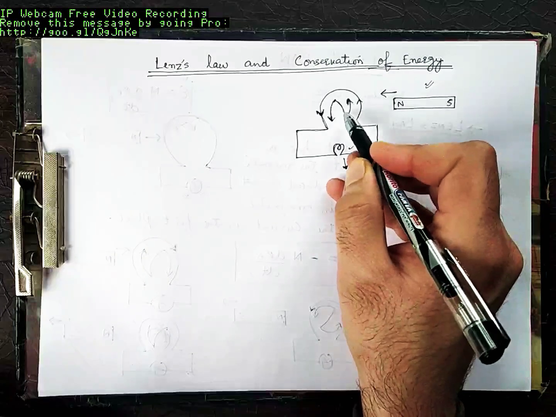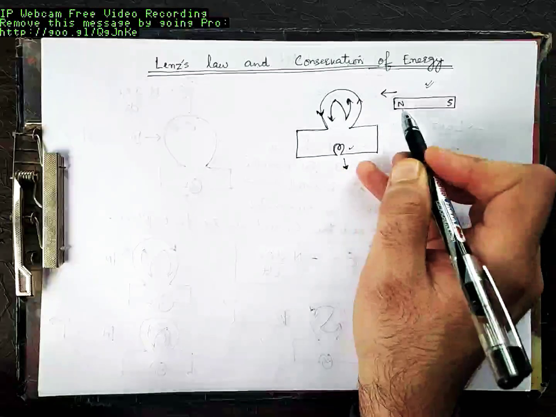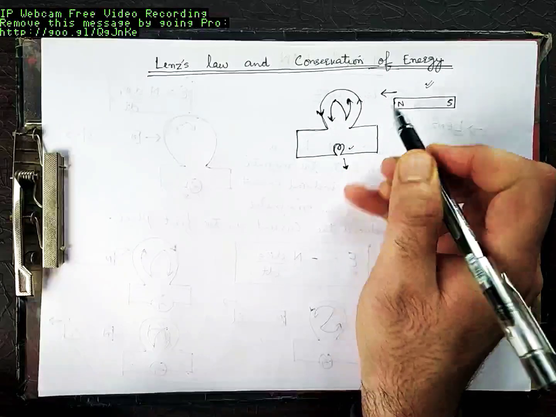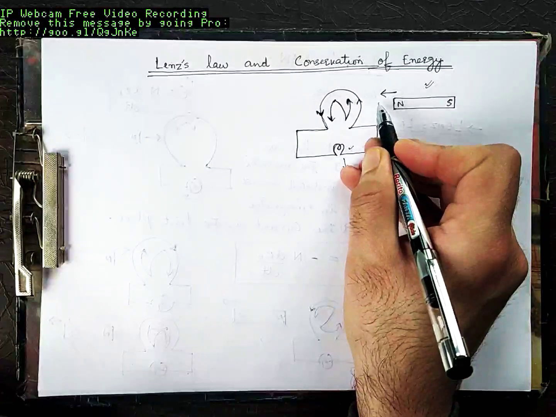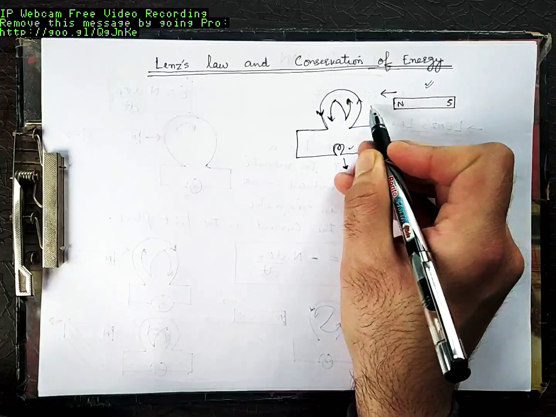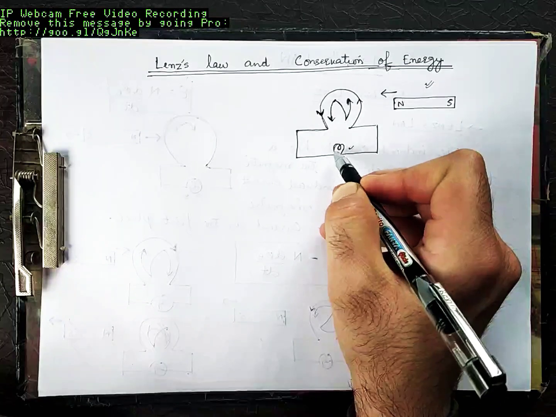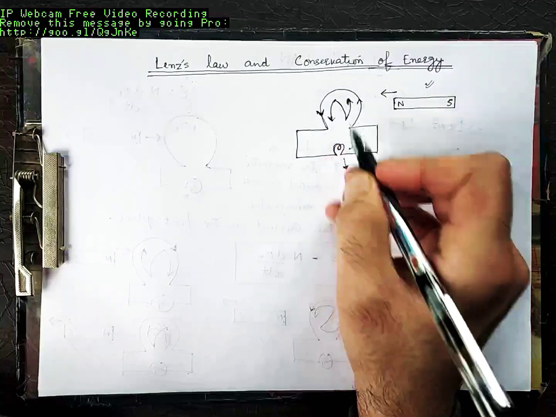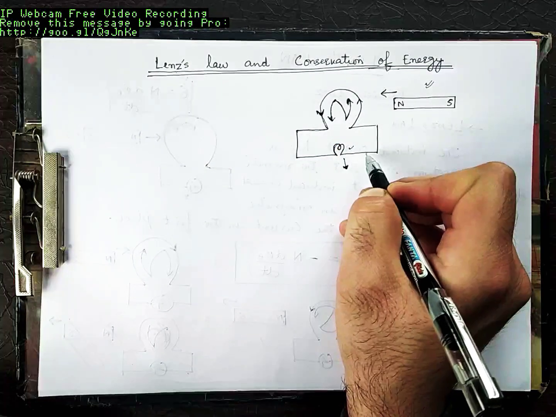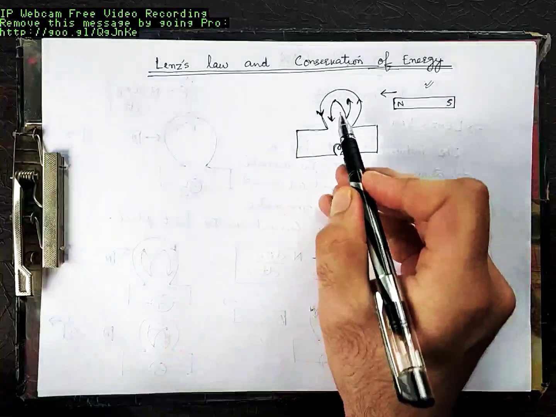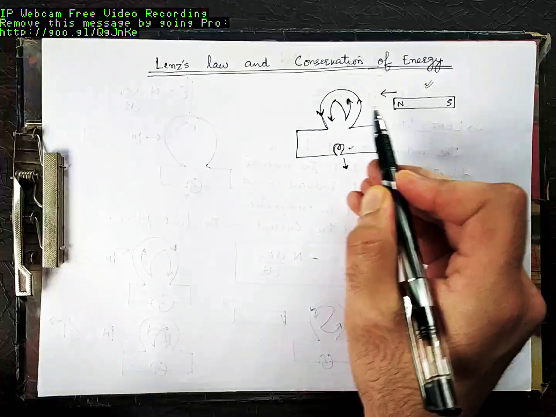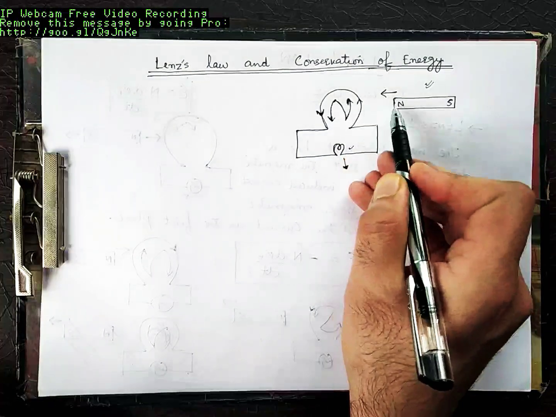If this is south and this is north, that south will attract the north. When that south attracts the north, the magnet will further move towards the coil. Flux will again increase. This will produce electrical energy. Even if I am not pushing this magnet now, because this side is south and this side is north, it will attract this north pole itself.